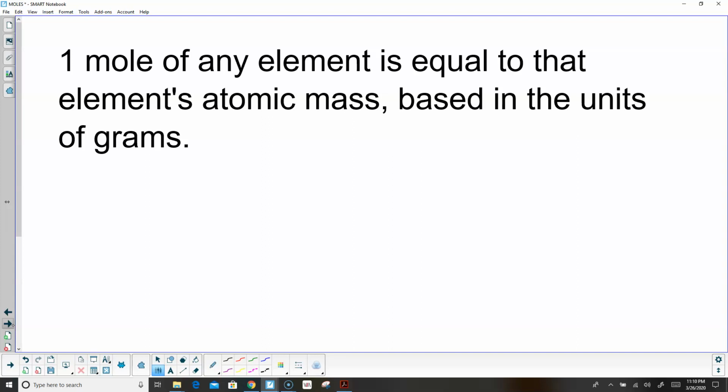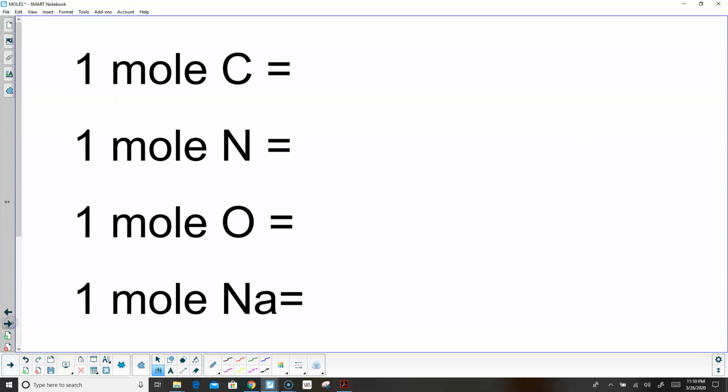If you get out your periodic table and look at carbon, you find its atomic mass says 12.01, so 1 mole of carbon weighs 12.01 grams. Nitrogen has a different atomic mass: 14.01 grams.